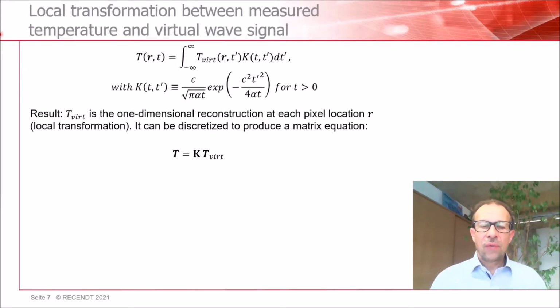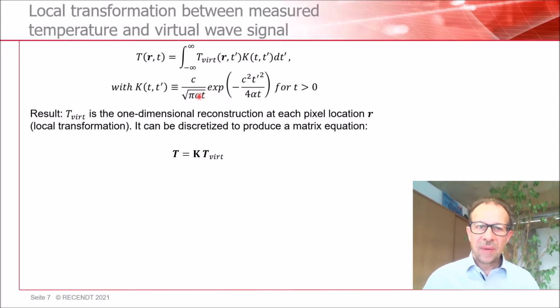If we Fourier transform this equation back to the real space, we get an equation between our temperature T, the measured temperature, and the virtual temperature here. And this kernel K has the sound velocity, the virtual sound velocity c, and also the thermal diffusivity alpha inside.